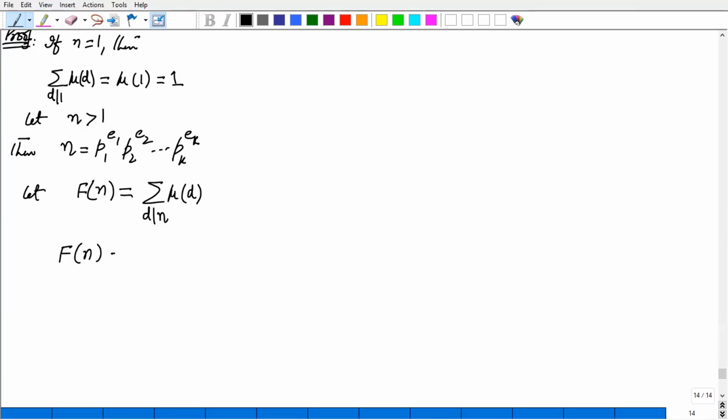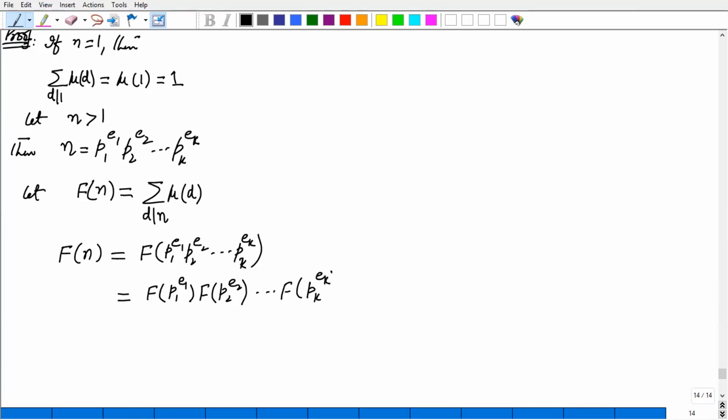So F of n can be written as F of p1 to the power e1, p2 to the power e2, till pk to the power ek. So now this can be written as F of p1 to the power e1 times F of p2 to the power e2, till F of pk to the power ek.